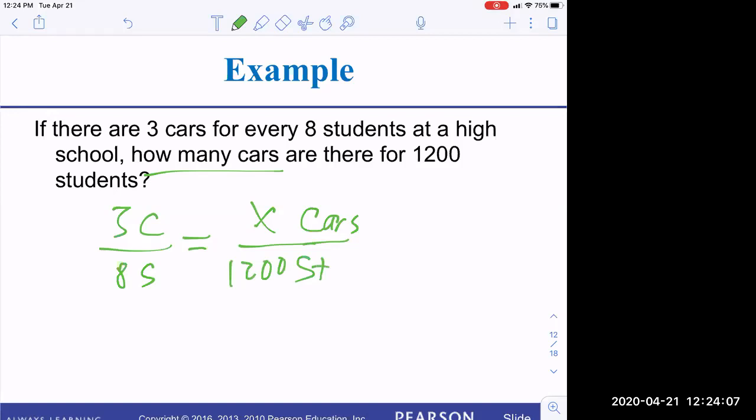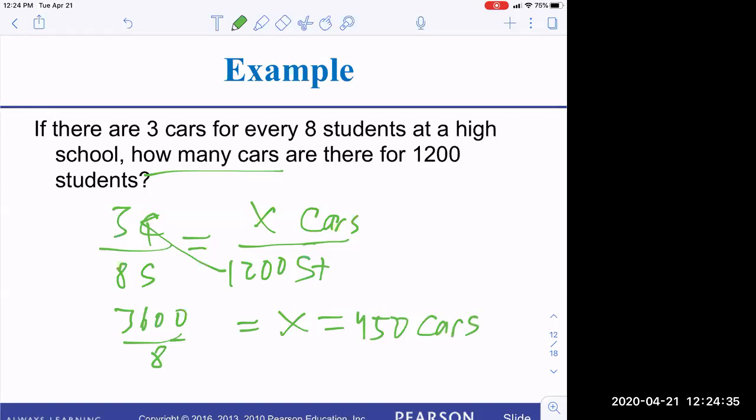I want to solve for X. I'm multiplying over there to just leave me X over here. 3 times 1,200 is 3,600 over 8. And that's like 450 or something. It is 450. We would need 450 cars. So again, a proportion is an equation.